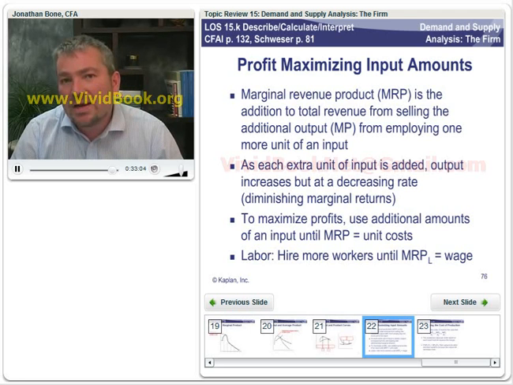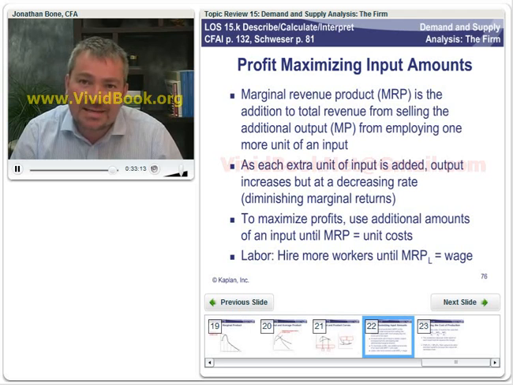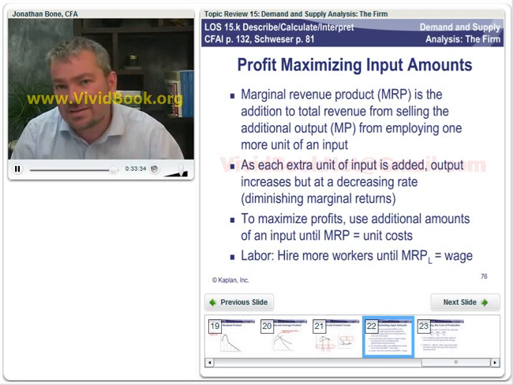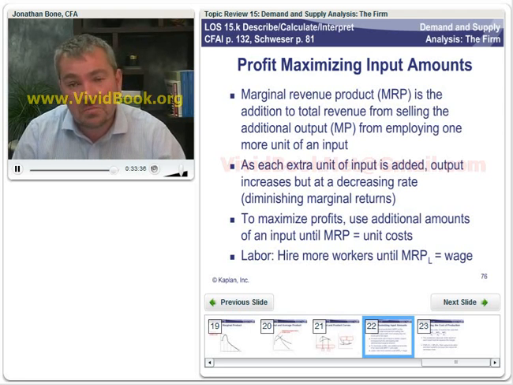Now, of course, we know as we increase each particular input, for example labour, whilst output increases in absolute terms, it's going to increase at a diminishing rate because we know marginal product will eventually start to fall. So we see diminishing marginal returns to labour. To maximise our profits, we're going to use an additional amount of labour until the marginal revenue product, the additional revenue we get from selling the output of that extra worker, is equal to the cost of employing that worker.